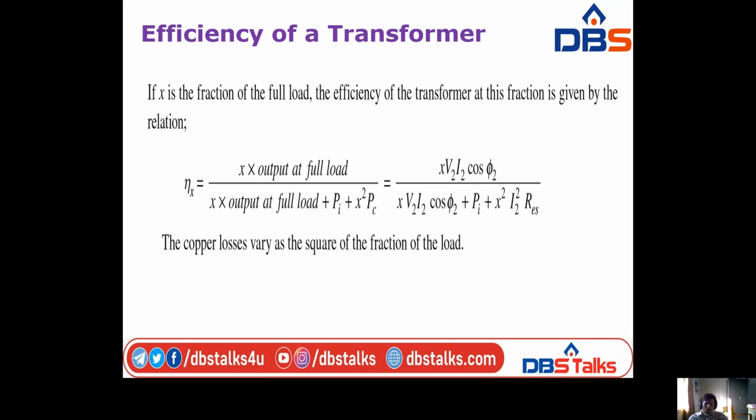And why are we not putting the x in the Pi, that is the iron losses? Iron losses are constant. They do not vary with load. That's why you cannot put a term x in the iron losses. So you have to put x square in place of copper losses. Therefore, x into output at full load is equal to x into V2 I2 cos phi 2, divided by x into V2 I2 cos phi 2 plus Pi plus x square I2 square R equivalent, that is R02.